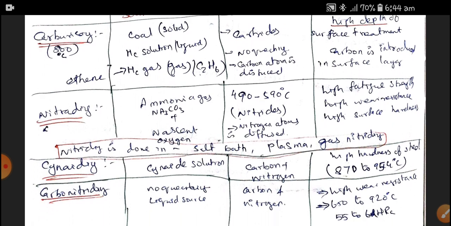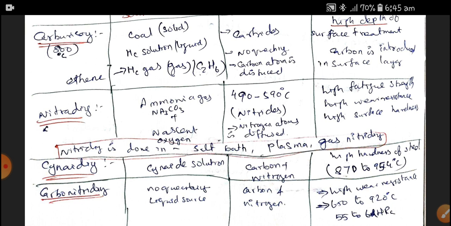Next one is the cyaniding process. We are using cyanide solution, and the material is heated up to 490 to 590 degrees Celsius and dipped in cyanide solution. In the cyanide solution, ammonia and sodium cyanide are being used.